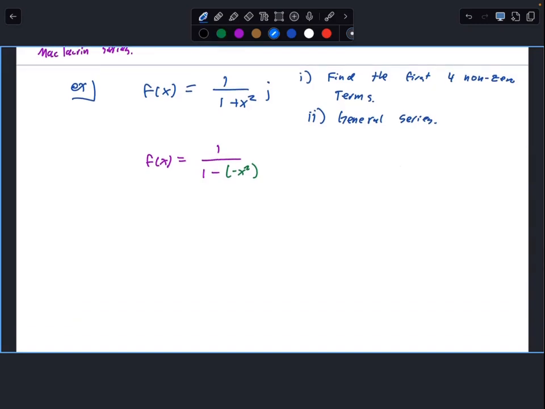So we know that 1 over 1 minus x is 1 plus x plus x squared plus x cubed plus dot, dot, dot, plus x to the n. That's what we just learned. That's something that now goes into our memorization bank.